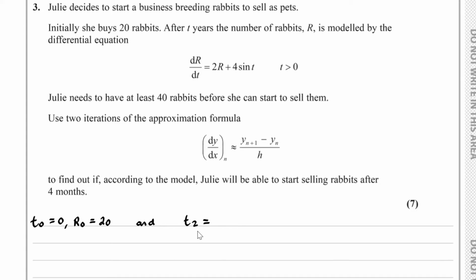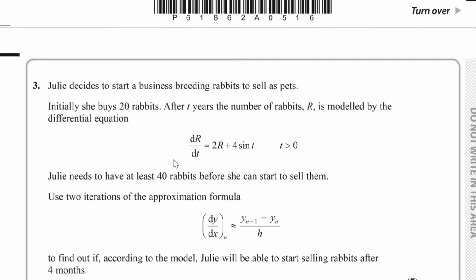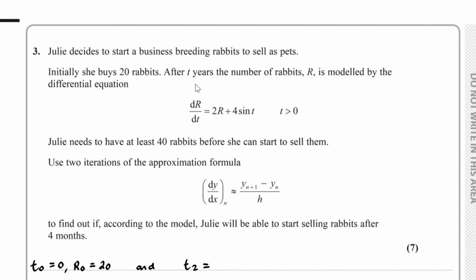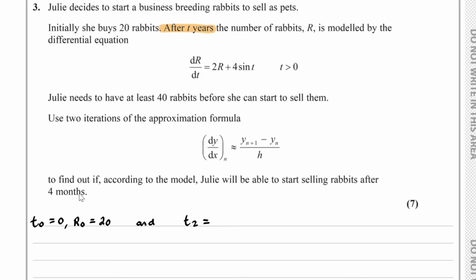Now t2 after 2 iterations, that's 4 months, and you have to be a bit careful over here. You'll notice in the question it says after 2 years, so 4 months, that's the same as a third of a year. Okay, and to work that out, 4 months divided by 12 months, that's a third.